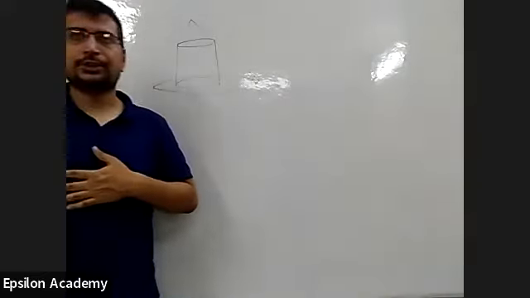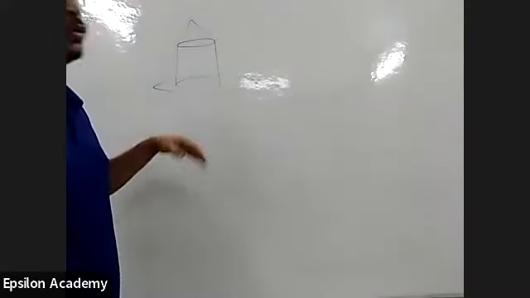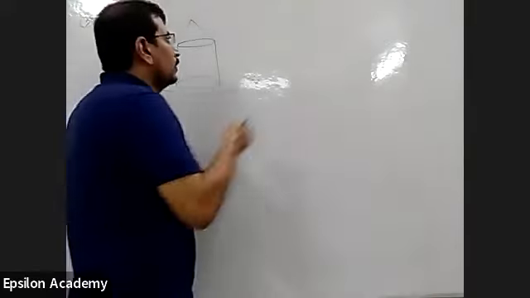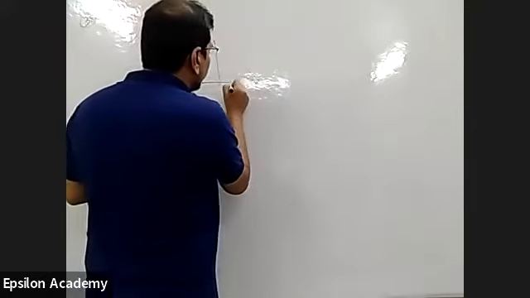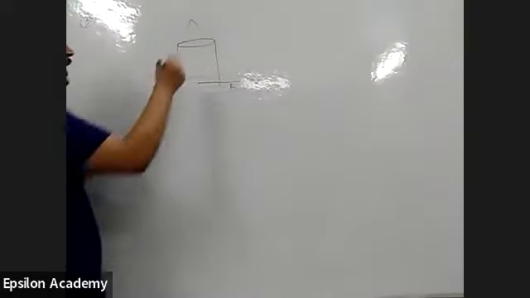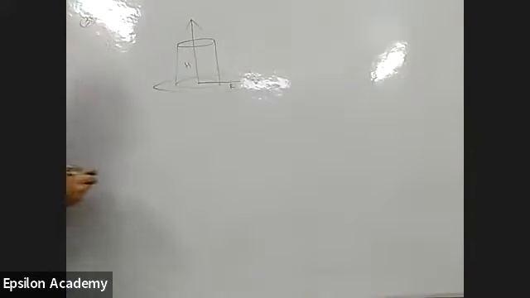It's 2 pi RH. So 2 pi r is the base into height. So 2 pi RH should be the greatest. But here, understand. If I take this as the center, then let's say the radius of the cone is capital R and the height of the cone is capital H. Is that right?